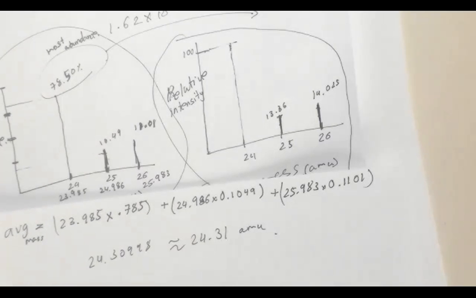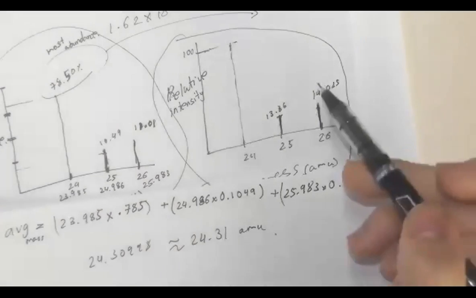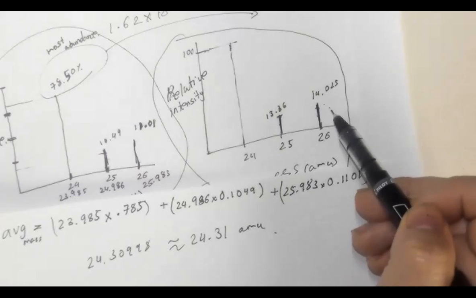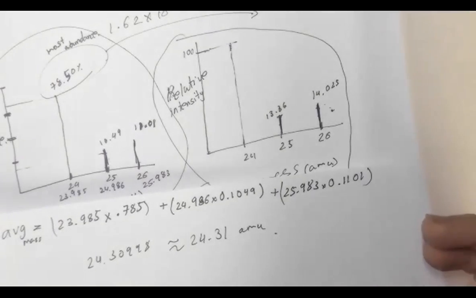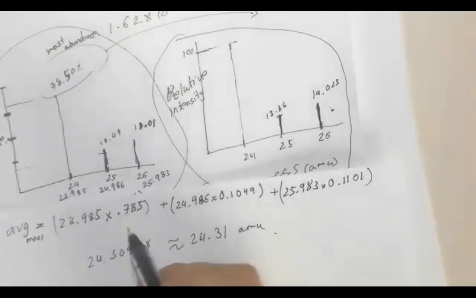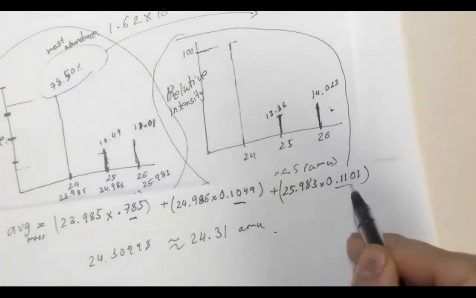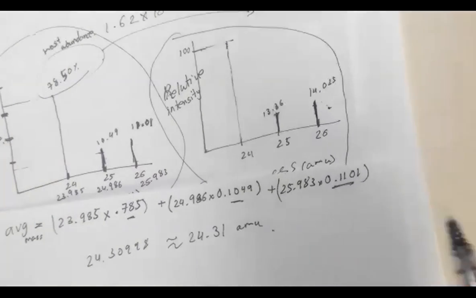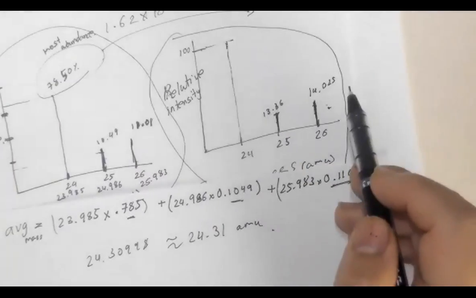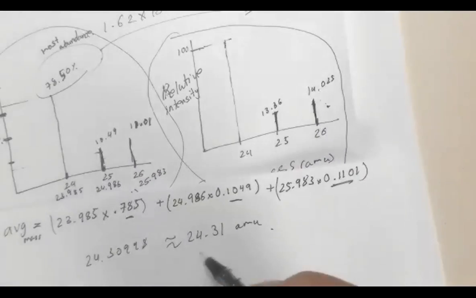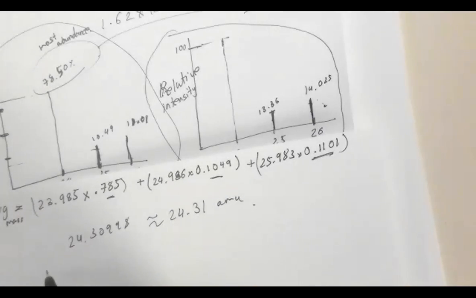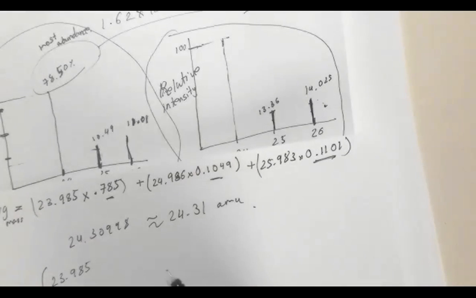Okay, all right. Let's talk about this picture then. How do we do this picture? The same thing. The only difference is this part is going to be different, because we don't give you percentages, we give you this. So how do you write this? For this picture, take a look at what I'm going to write. 23.985, right?